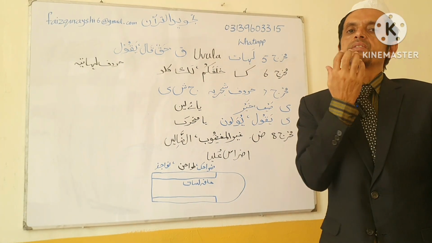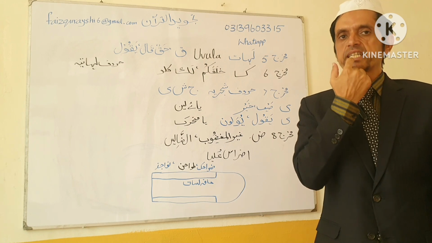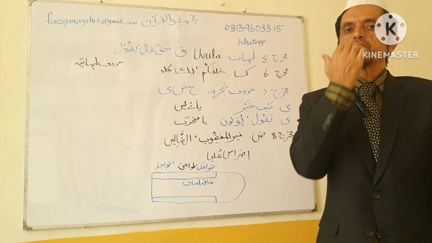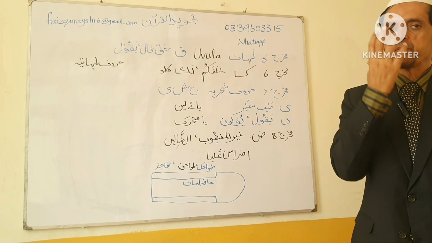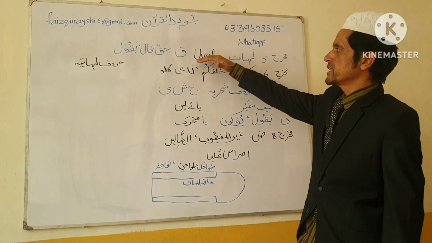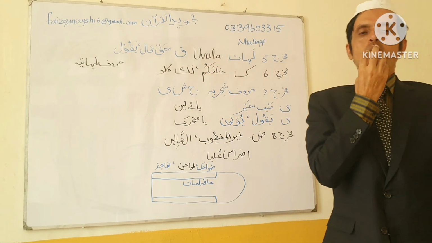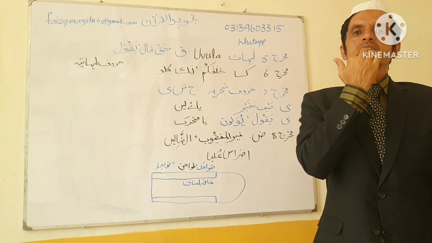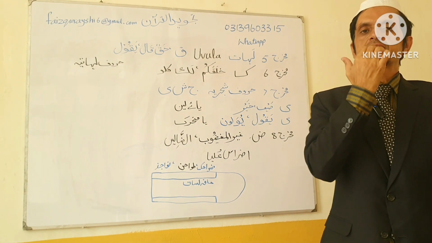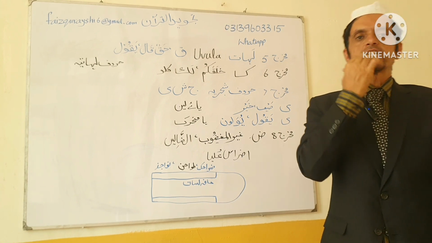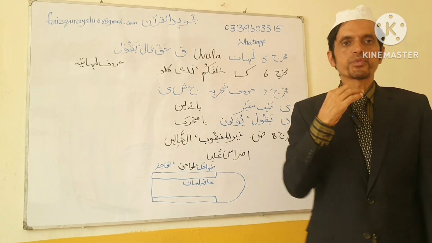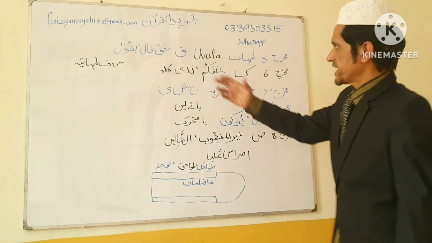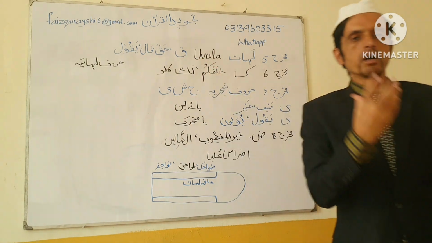So when the back of your tongue touches the upper palate near to the uvula, toward your mouth, we can articulate the letter Qaf.